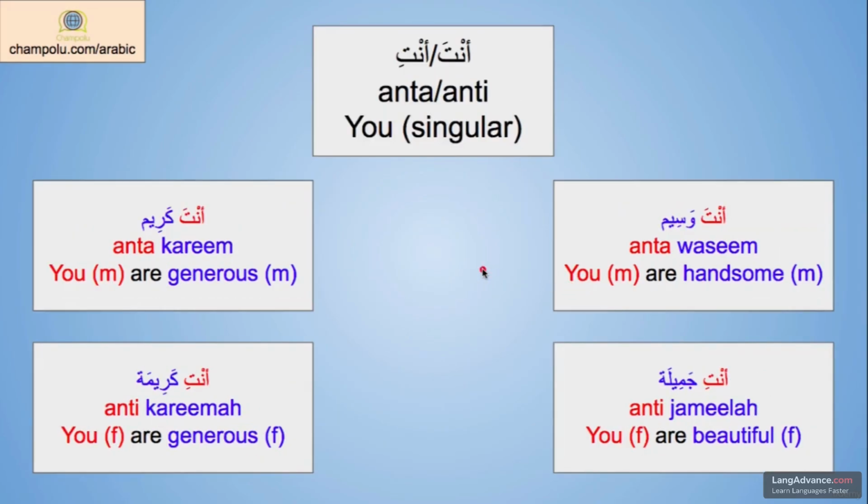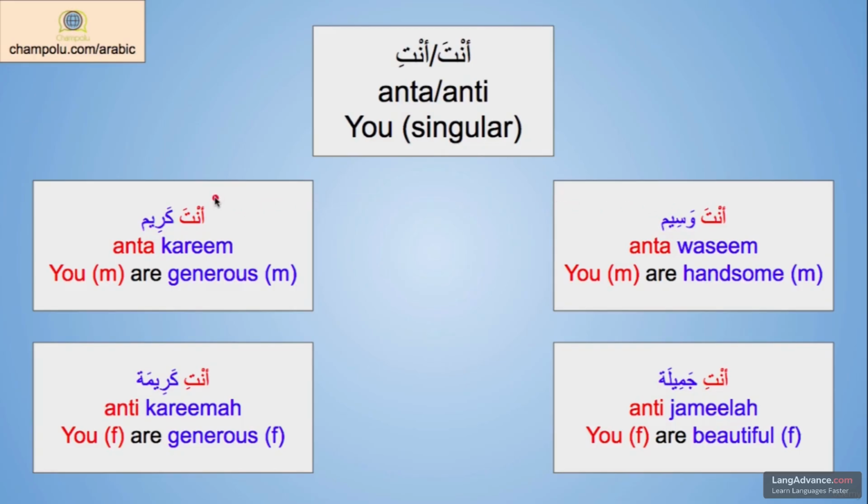Now when you want to use the singular you, for male it is أنت, for female it's أنتِ. So when you want to say to a male person, you are handsome, it is أنت وسيم. You are handsome.